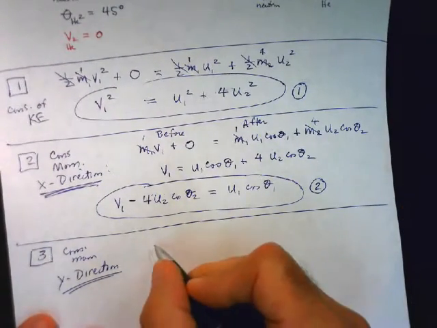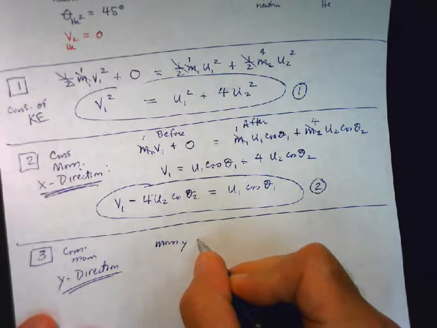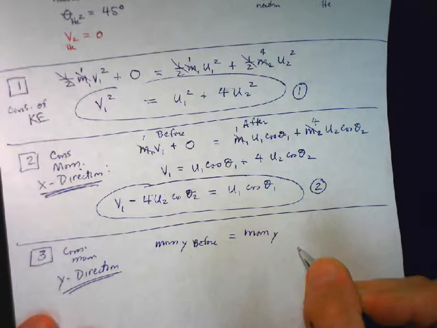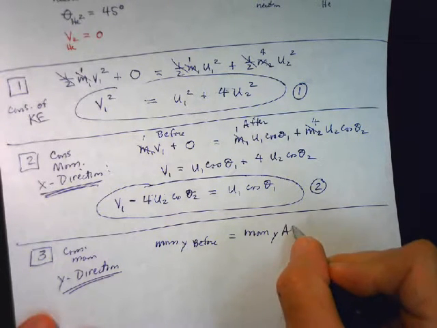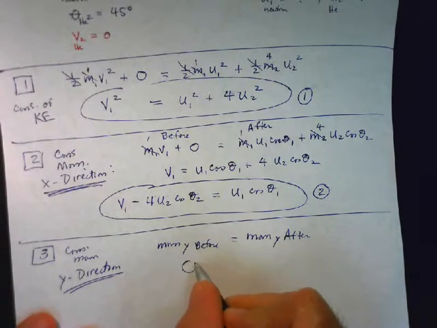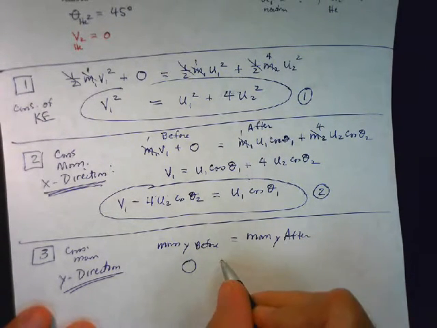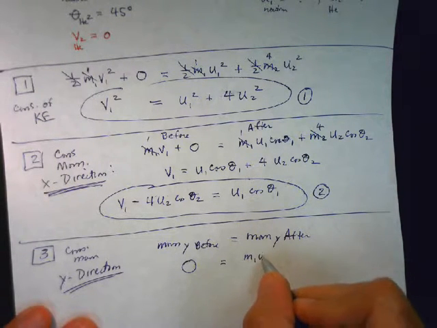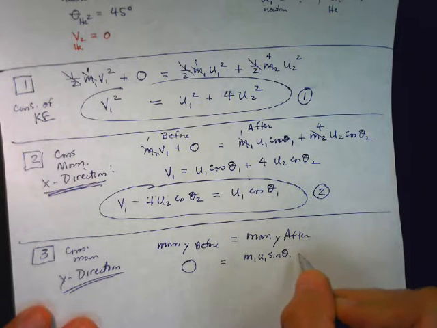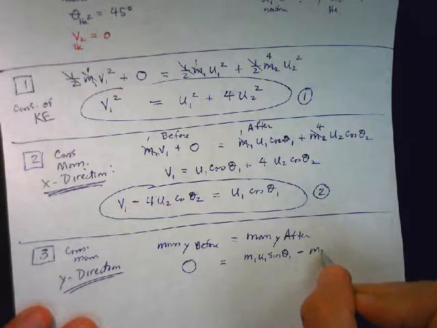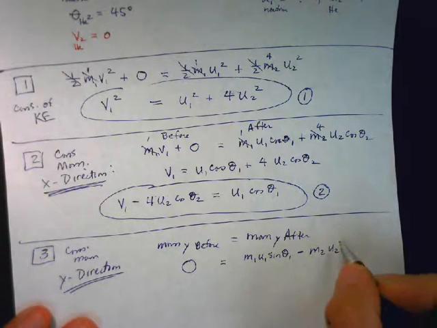So we can say the momentum in the y direction before the collision is equal to the momentum in the y direction after. The momentum before was 0, and the momentum after is M1 U1 sine theta 1, minus M2 U2 sine theta 2.